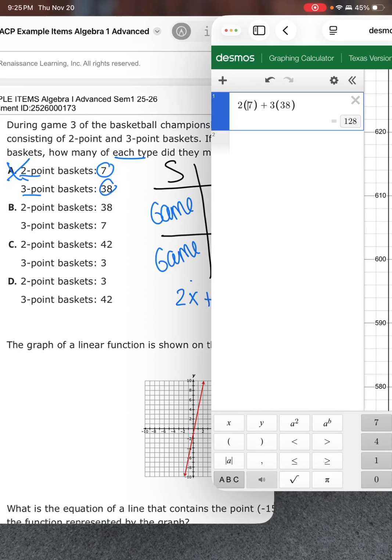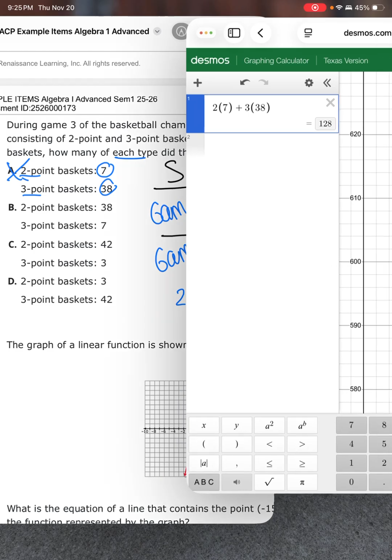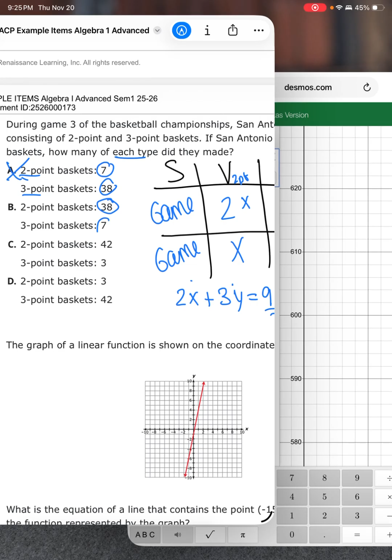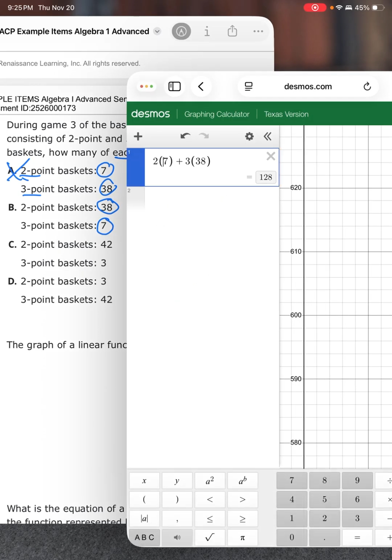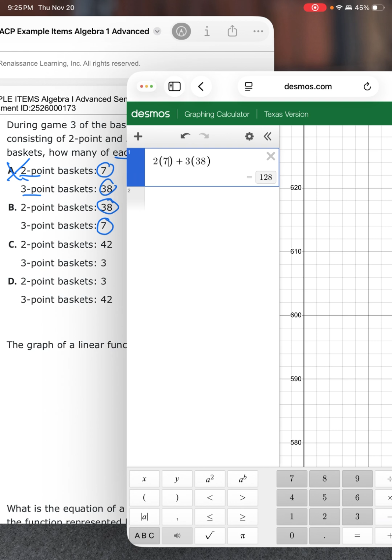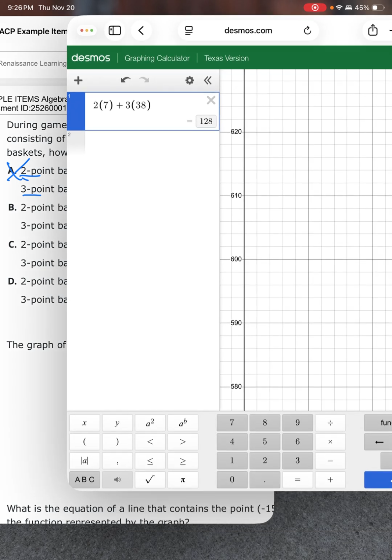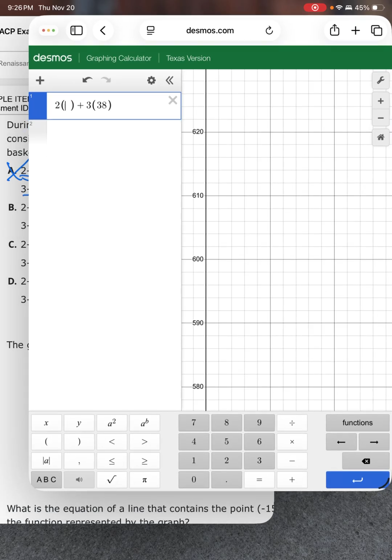Okay, so let's go ahead and do the second one. So I'm just going to take out 7, and now I'm going to plug in 38 for X and 7 for Y. So 38 for my X value and 7 for my Y value. So 38 here and 7 here.